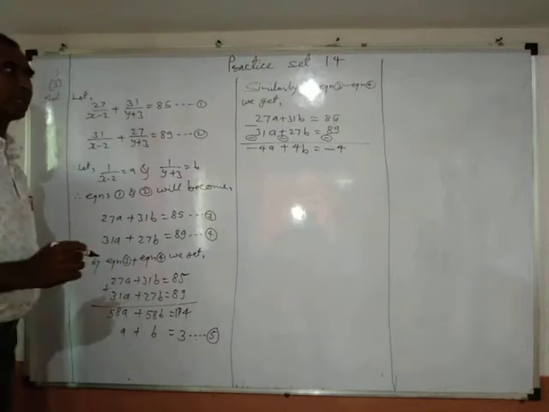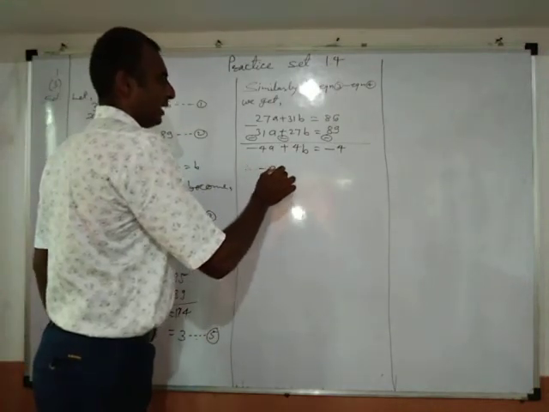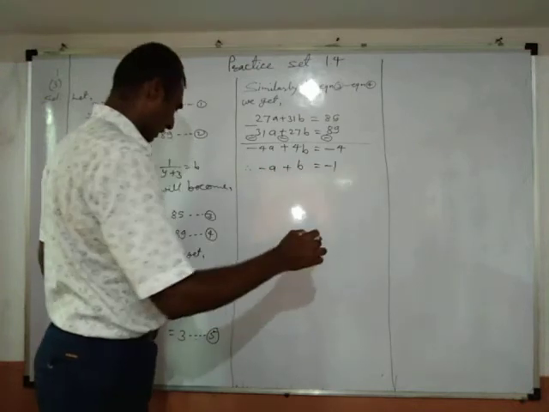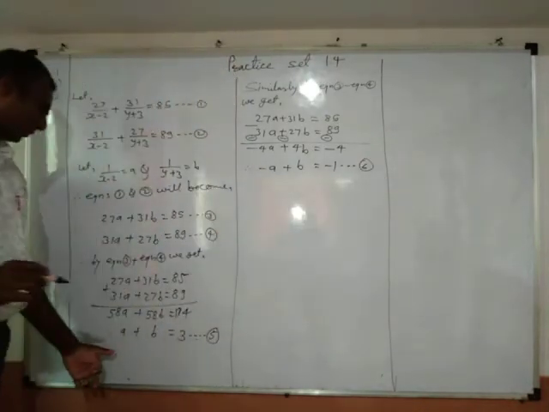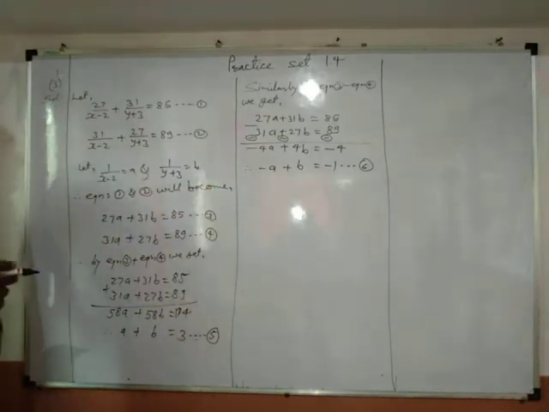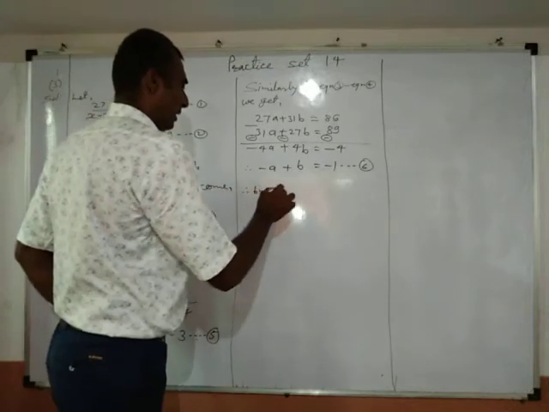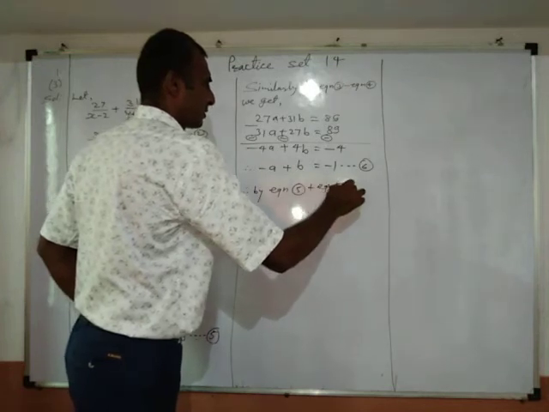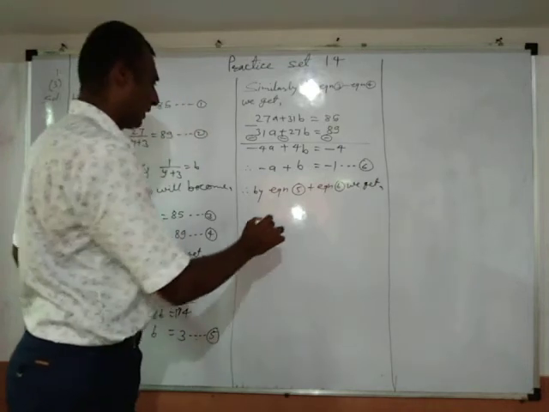Now dividing both sides by 4, we get minus a plus b equals minus 1. Let's call it equation 6. Now equation 5 is a plus b equals 3 and equation 6 is minus a plus b equals minus 1. Therefore, by equation 5 plus equation 6, let's find what we get.